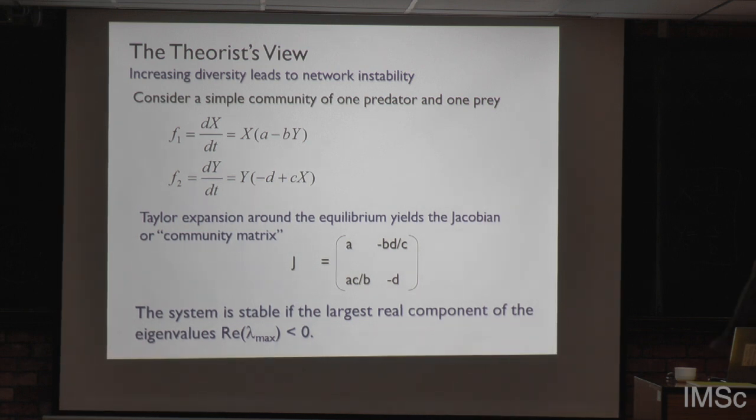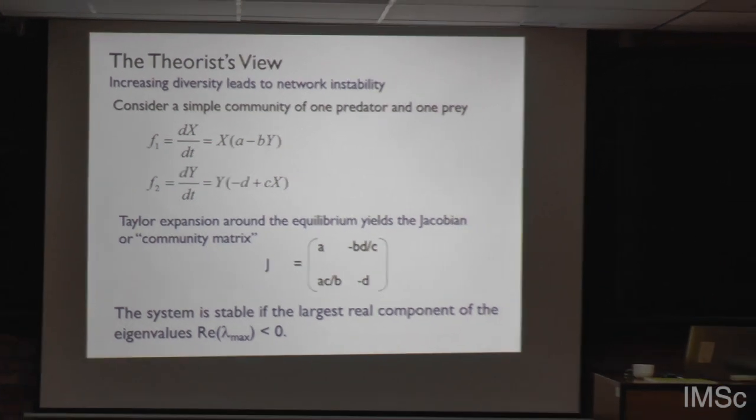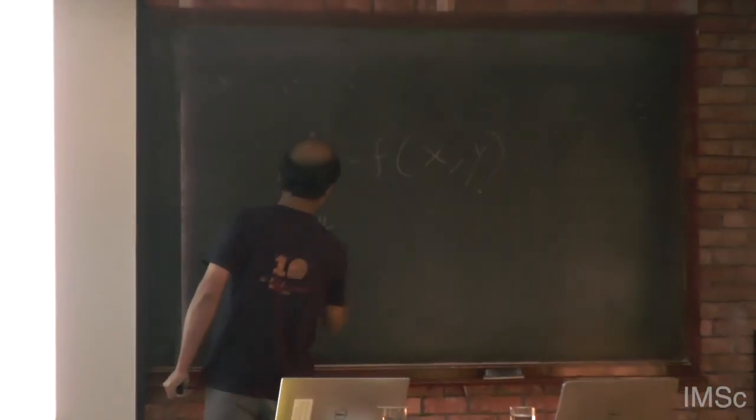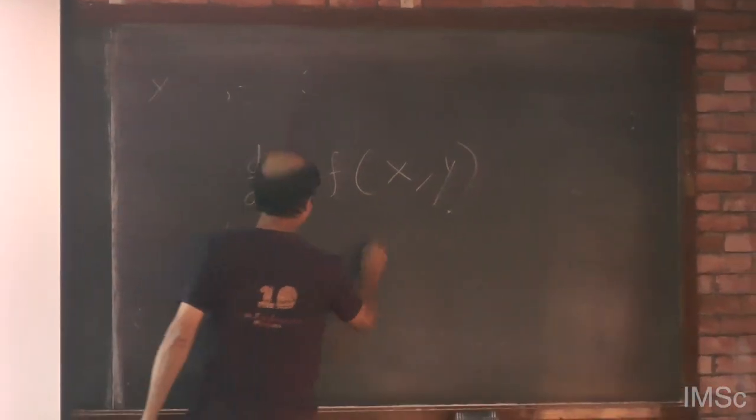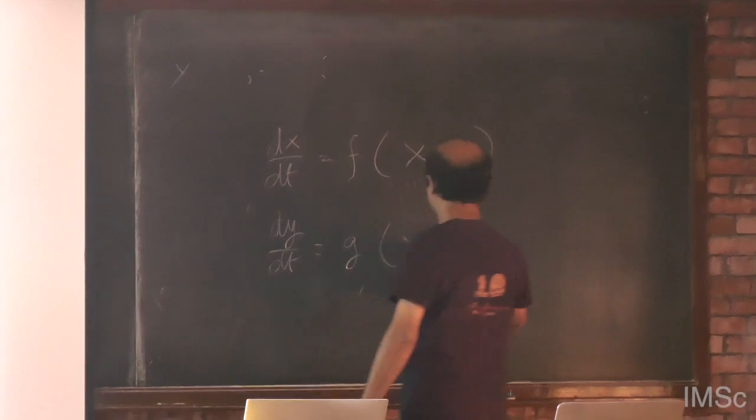So what you do is you say that, well, suppose I have dx/dt described by f(x, y), so it's a joint function of both x and y, and dy/dt is a joint function of x and y.